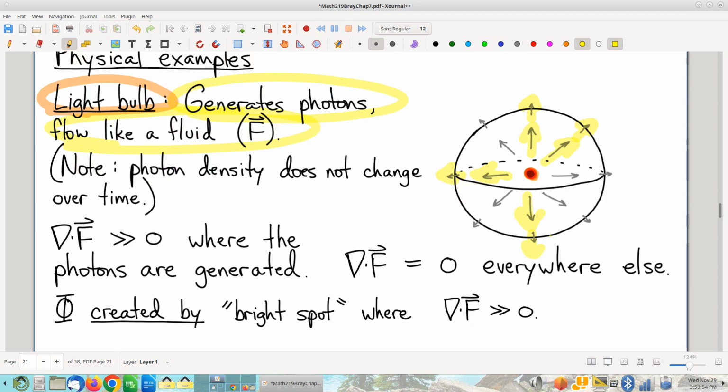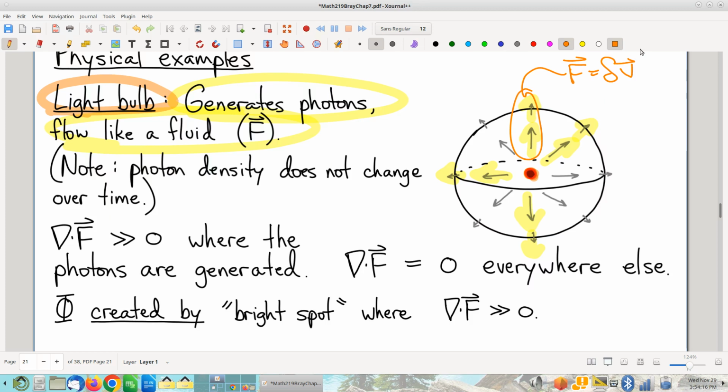But remember, there is a second way that you can use a vector field to represent a fluid, and that is density times velocity. That's what I'm using here. I'll write it here like this. The vector field is density times velocity.